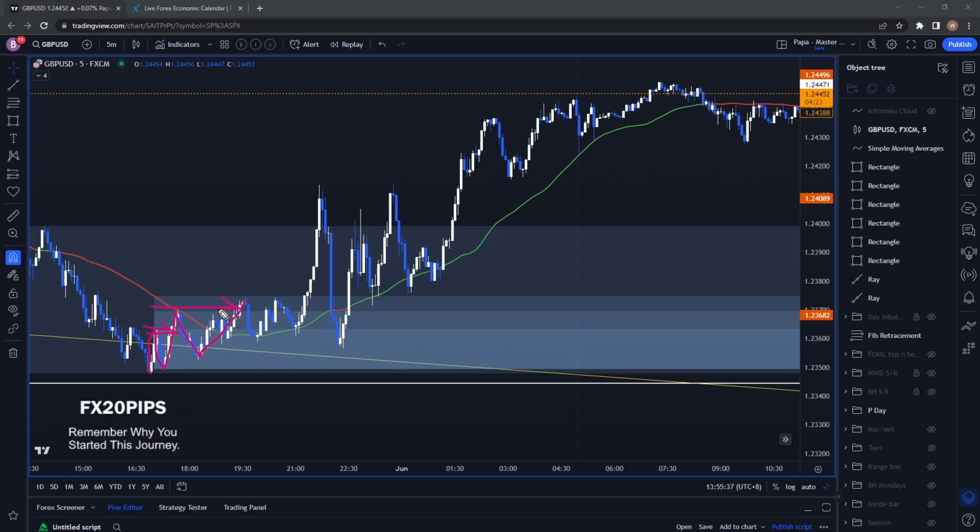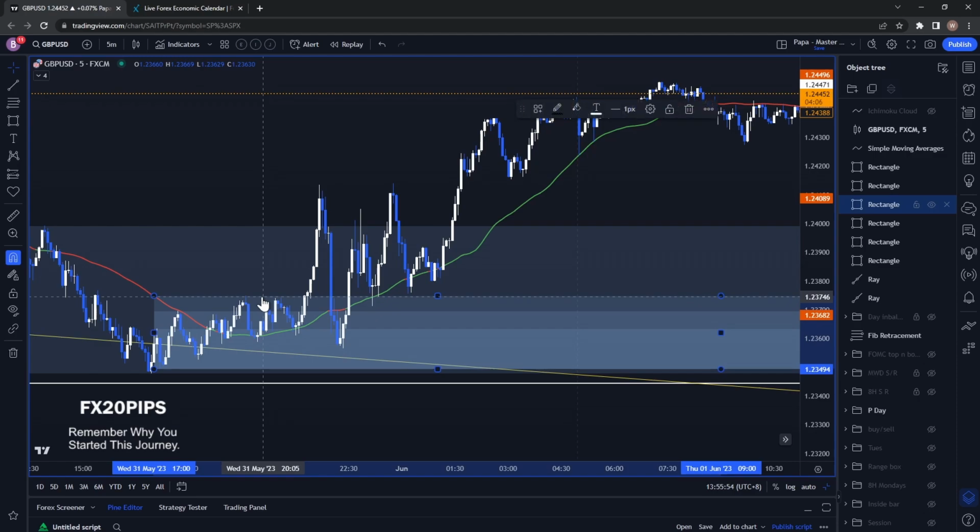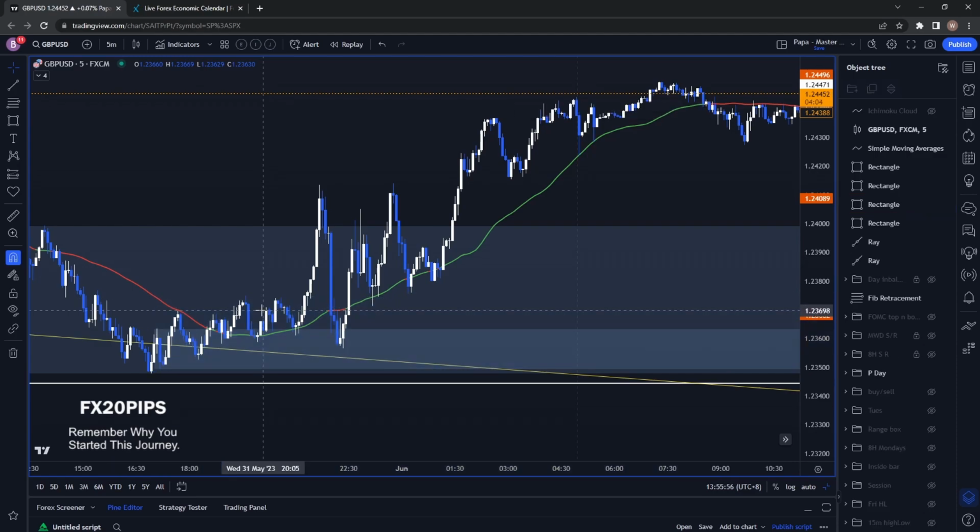Break of structure, right? And then a break of structure here. Now let's remove the previous ones. Let's leave the 8 hours there, and remove the 1 hour and 4 hour.